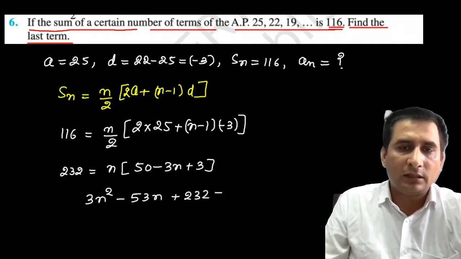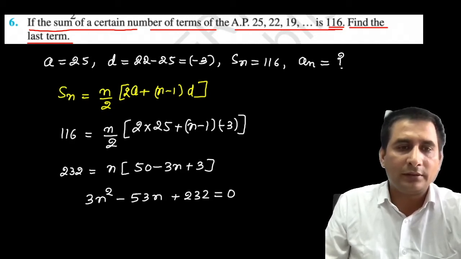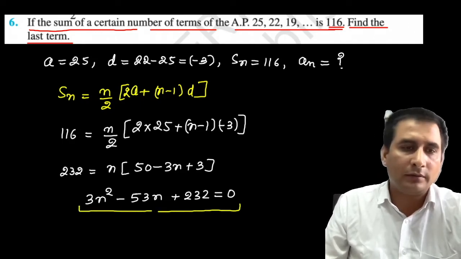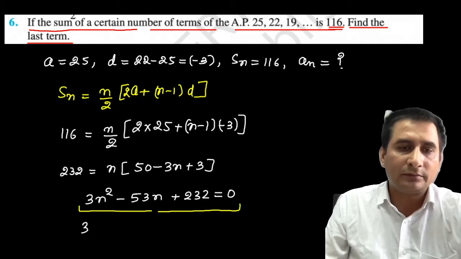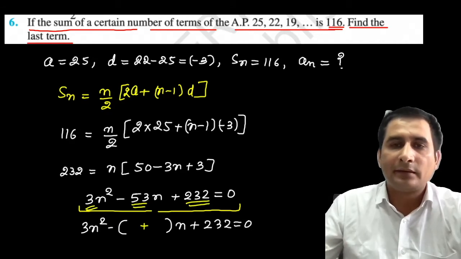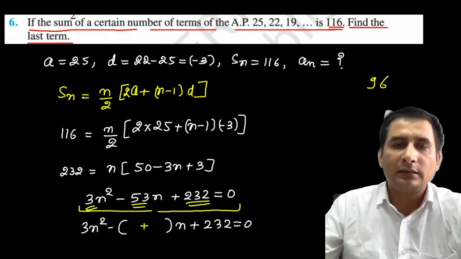So we have obtained this quadratic equation. We need to solve it. After solving this quadratic equation, how to solve it? So let us make the factors. After adding, we need 53 and after multiplying, 232 into 3.